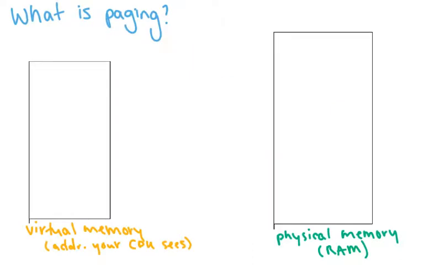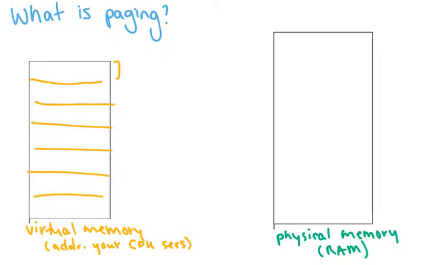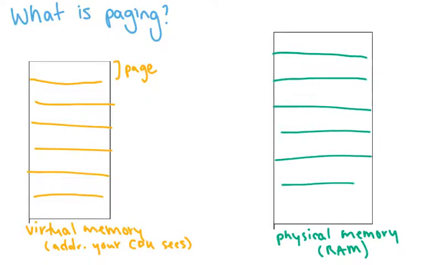So the idea behind paging is that we take our virtual memory and we divide it into chunks which are called pages. So each one of these is a page, and we take our physical memory, or our RAM, and we divide it also into frames.